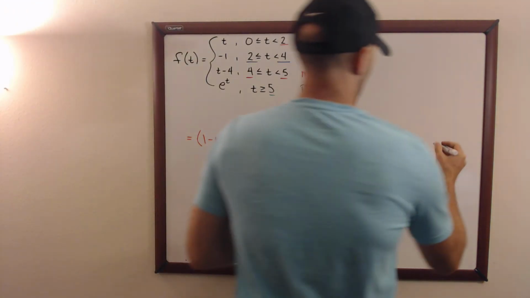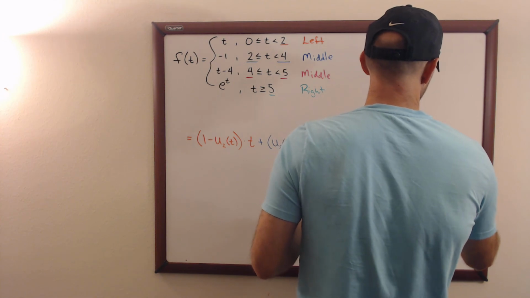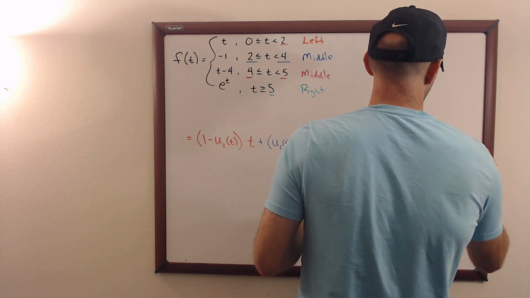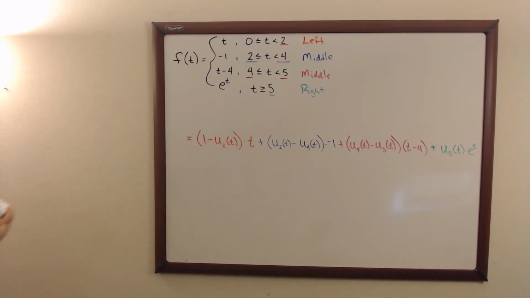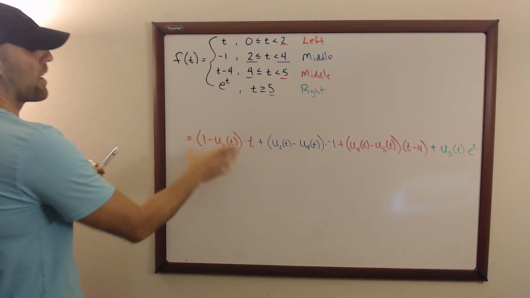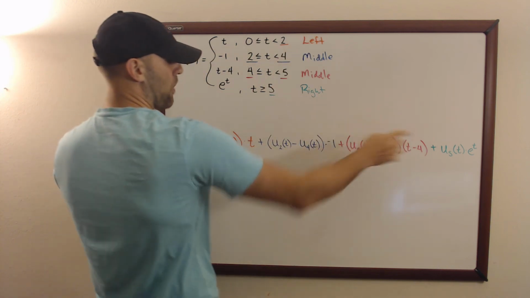So this is my function. I've color-coded where all these things come from: the left, the right, both the middles.